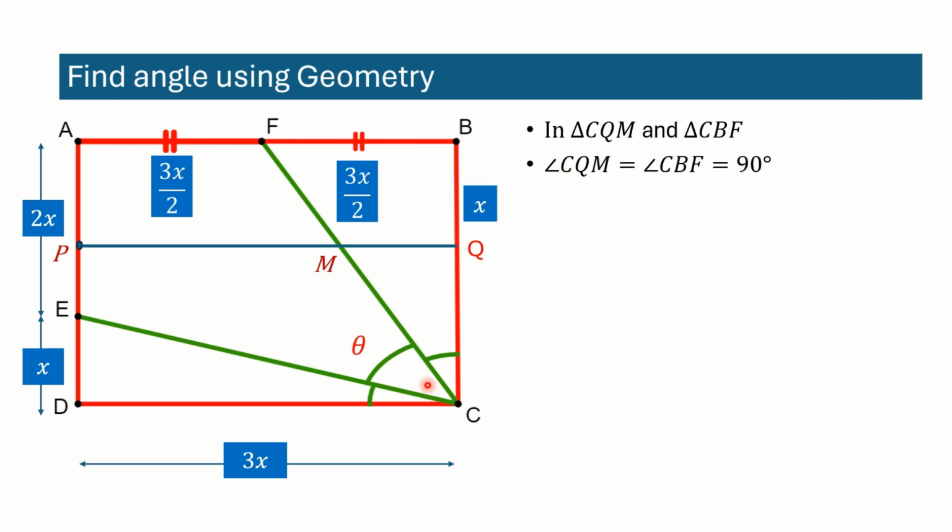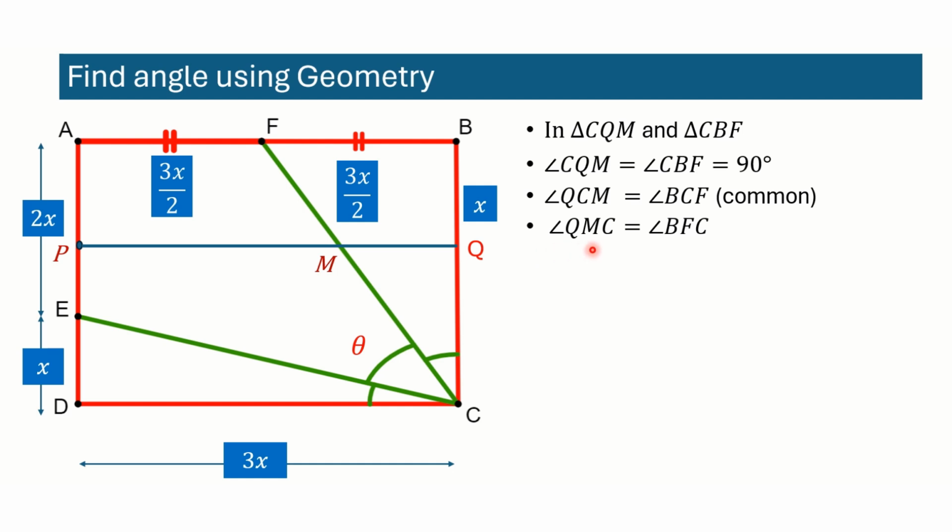How? Let's see. Angle CQM, that is this angle, is 90 degrees and angle CBF is also 90 degrees. Now angle QCM is common with angle BCF. So this angle is in both the triangles.